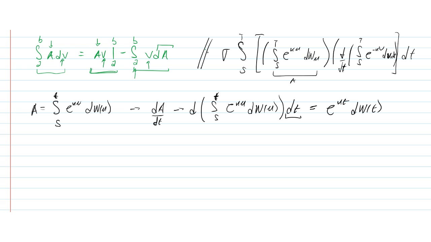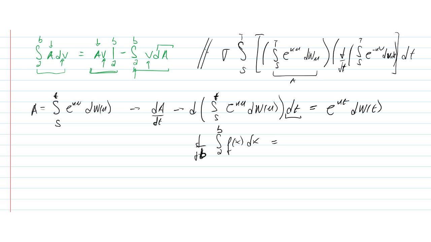Another way of seeing this is our classical calculus. If you have, say, a and b as integration limits, then it's the same trick as we always had.